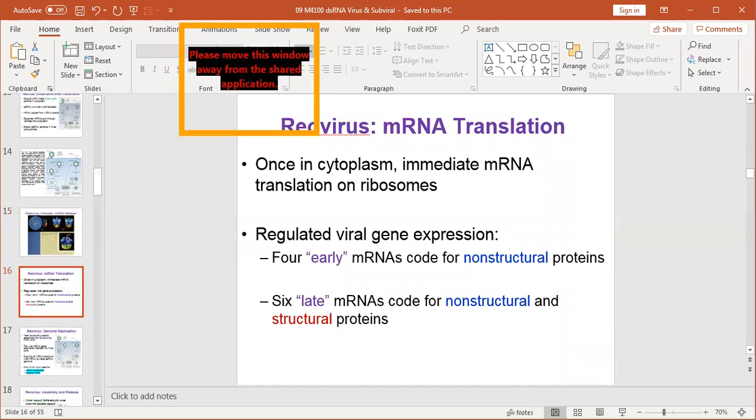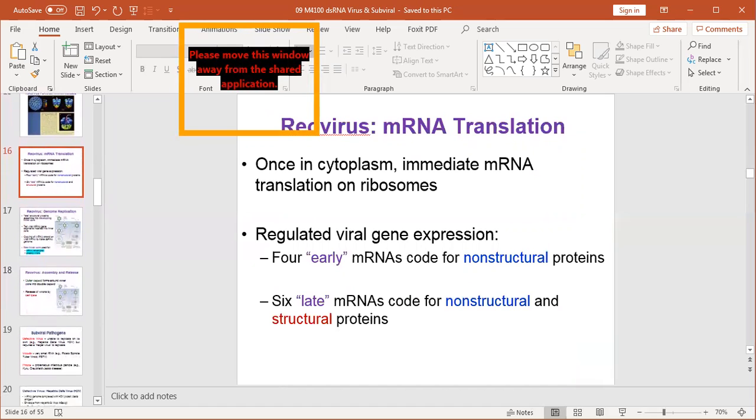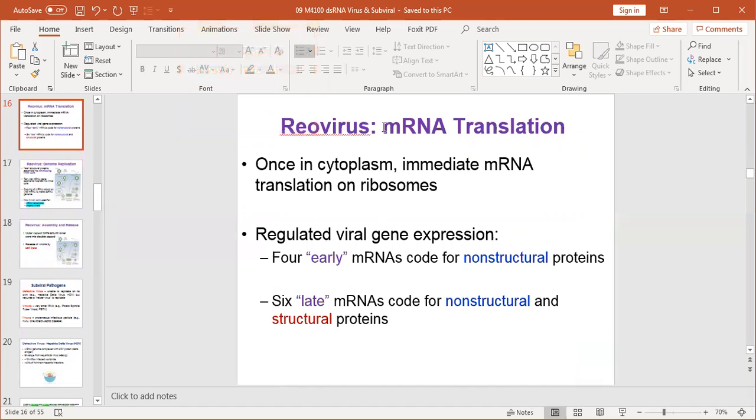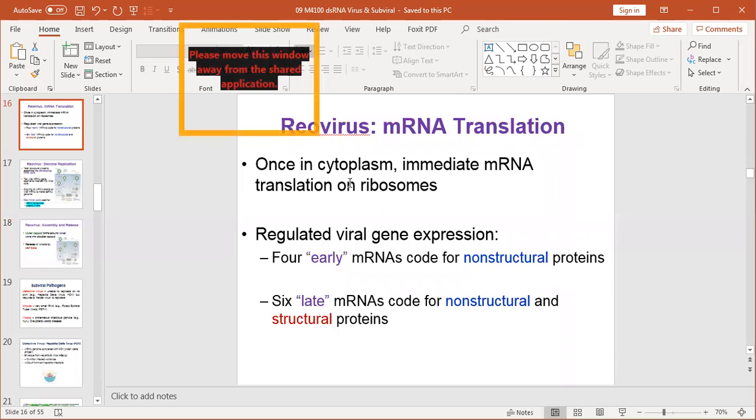Slide number 16, once the messenger RNA is being produced, it needs to be translated. So once the mRNA from the inner core particle of the virus gets released into the host cell cytoplasm, it will be immediately translated on host cell ribosomes.